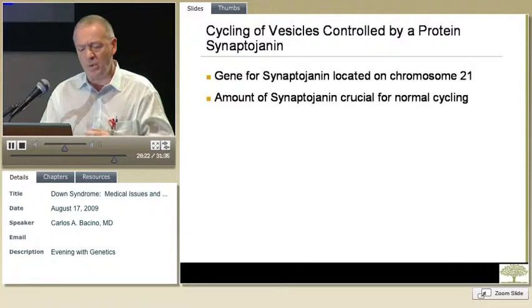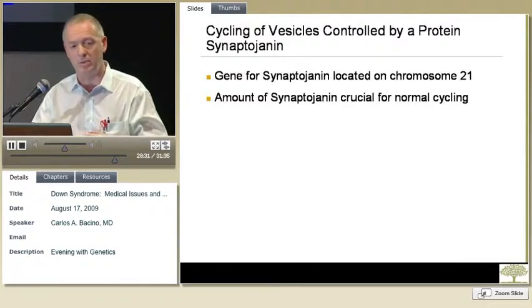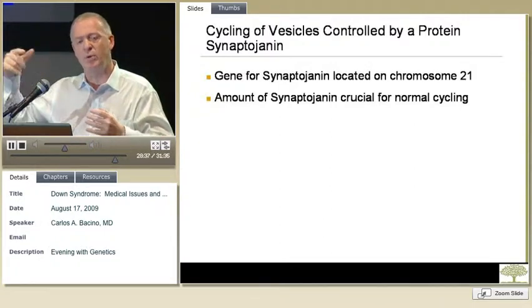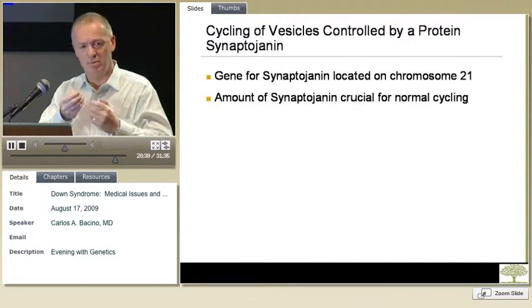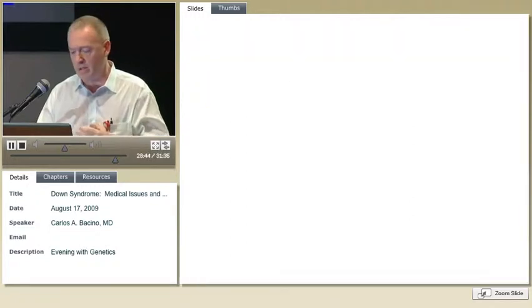So what is believed is that if you have an excess of this particular biochemical compound, synaptojanin, there is more recycling, and there is less of these biochemicals present in the nerve endings.